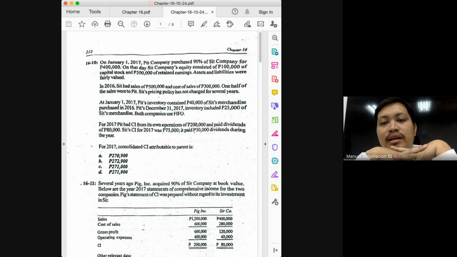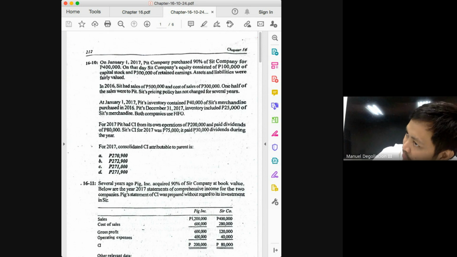So, how much was the intercompany sale in 2016? 500,000. How much was the cost of that intercompany sale? 300,000. So that means the markup on the intercompany sale in 2016 was 200,000. Do we have everything we need to solve for the gross profit rate? Yes. The total markup or gross profit of 200 divided by the price of 500.